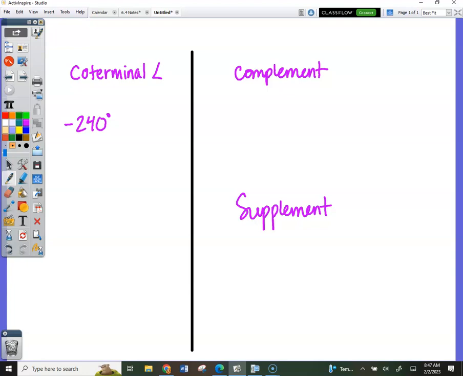Well, a full rotation is how many degrees? 360. So if I wanted a negative coterminal angle, you would take the negative 240 and subtract 360, and what do you get? It's negative 600.